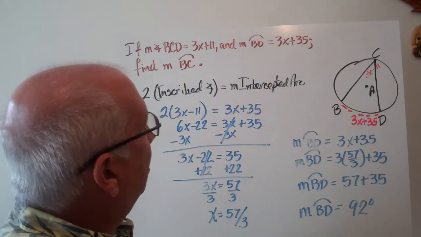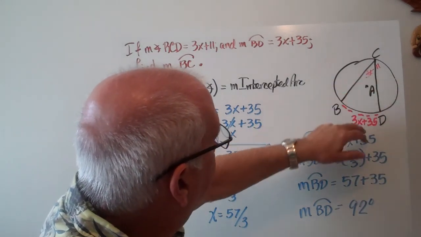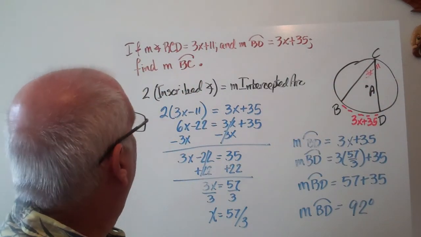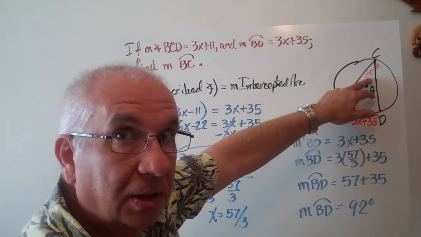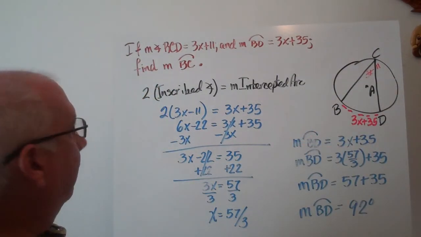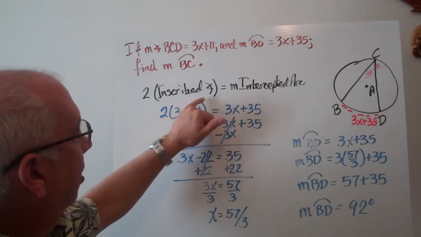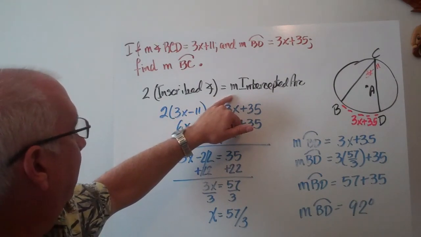We learned in class that there was a relationship between the inscribed angle and the intercepted arc. We learned that 2 times the measure of this inscribed angle is equal to the measure of the intercepted arc.